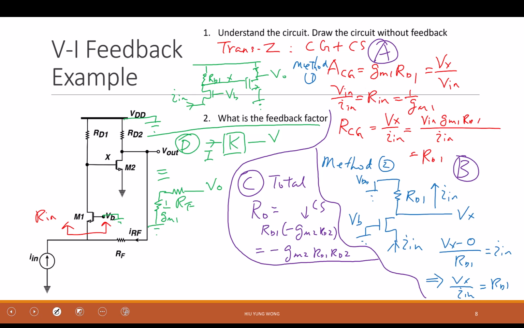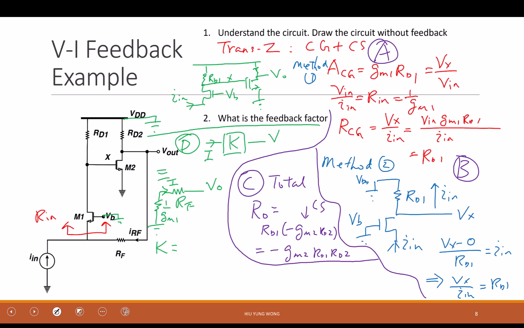Okay? So my goal is to find what is the I, because by definition, the I needs to go in here. So I want to know what is I. Why? Because the feedback factor, by definition, what is the feedback factor? Output divided by input.